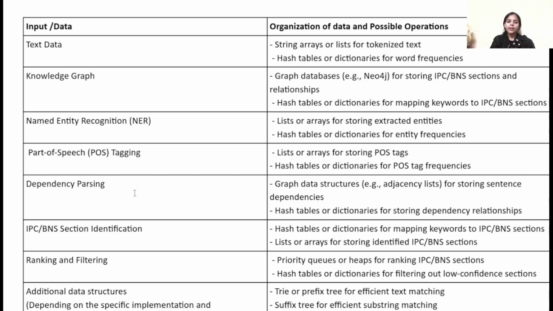For dependency parsing, to tell about relationships, we will use graph data structures, hash tables or dictionaries. For IPC and BNS identification, we will use hash tables or dictionaries, lists or arrays. And for ranking and filtering, we will use priority queues or heaps, hash tables or dictionaries. For additional data structures, we will use prefix tree, suffix tree, and graph neural networks for learning.